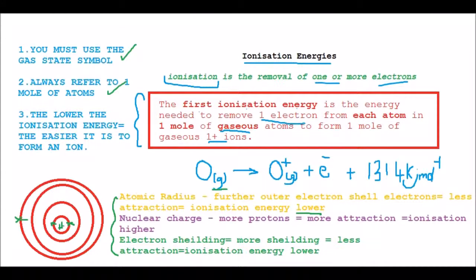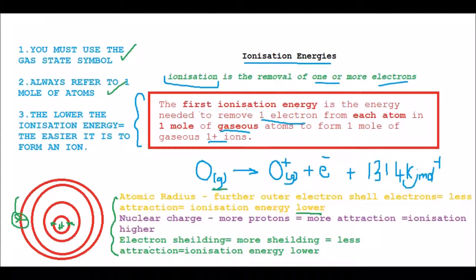If it was a really strong positive charge, with lots of protons in the nucleus, then that would mean that the electron would be harder to pull off because the electron is more strongly attracted to the nucleus. That's pretty easy to understand, I think, but if you have any questions, just ask me.